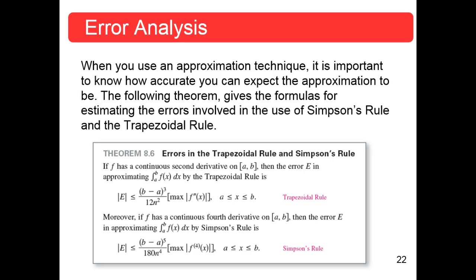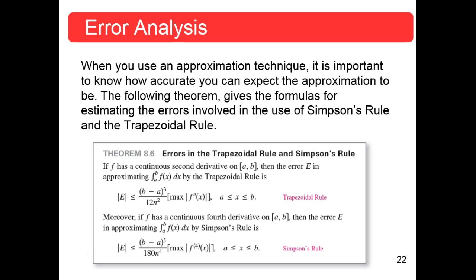If f has continuous second derivatives on a to b, and sine certainly would do that too, then the error, E, in approximating this integral by the trapezoid rule, the first one we did, here's what the error will be. The absolute value of the error is going to be less than or equal to, this will be the greatest it could be, b minus a, in our example pi minus 0, cubed.